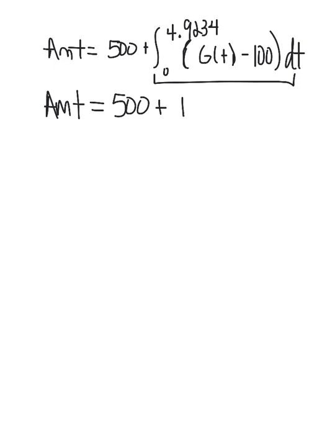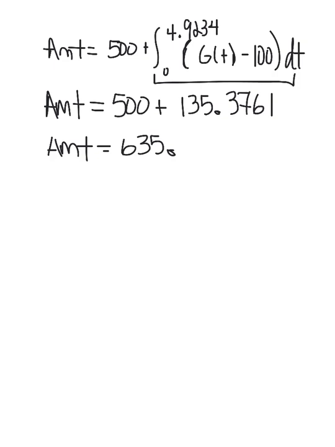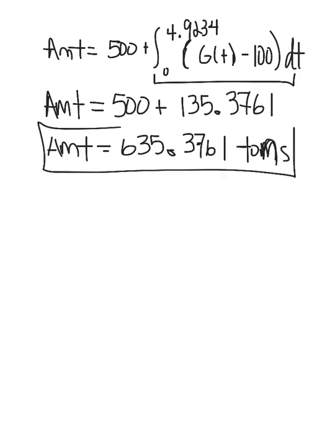All right, so I have 135.3761, and then the total amount is going to be 635.3761, and that is going to be tons, because it's an amount. Oh my goodness, I can't spell tons. Tons. There we go.